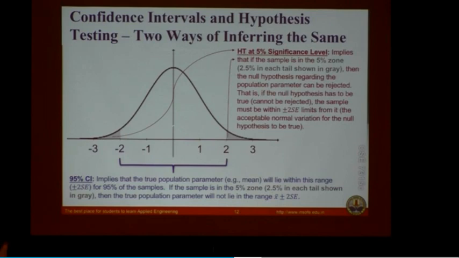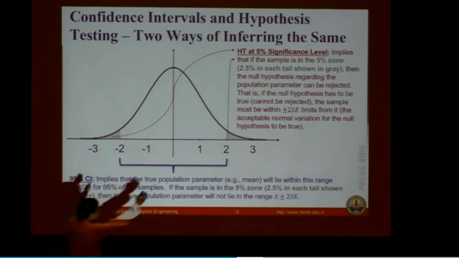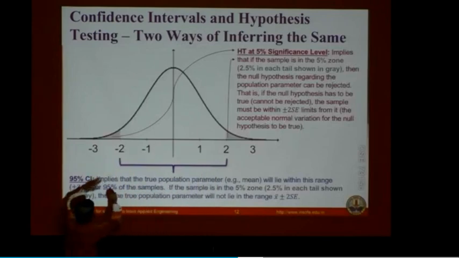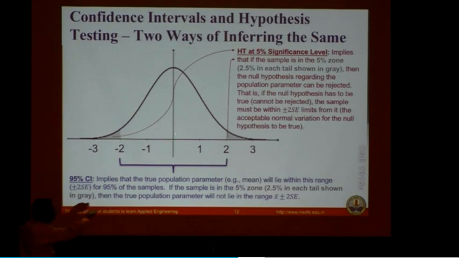I am saying that I reject the null hypothesis as this. If my sample falls here, I do the same thing here. If my sample falls here, this is not included in that plus minus 2 standard errors. Same thing. In one thing, I am giving this range. In the other thing, I am checking the p value and I am saying, well, it's not possible.